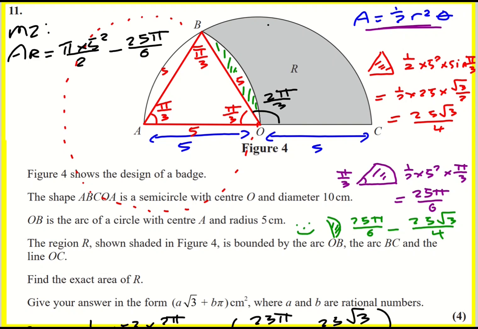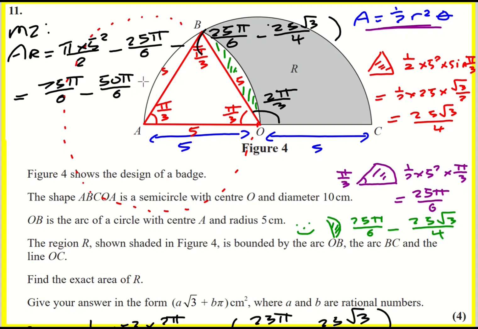So now I need to minus the green bit. So I'm minusing 25 pi over 6 minus 25 root 3 over 4. If I put it over 6, this up here becomes 75 pi over 6. Then I would minus 25 pi over 6 and another one, so I would be minusing 50 pi over 6. And then actually adding on 25 root 3 over 4. Again, we would get 25 pi over 6 plus 25 root 3 over 4, which we could then write in the form required. So a little bit more complicated, but not by much.